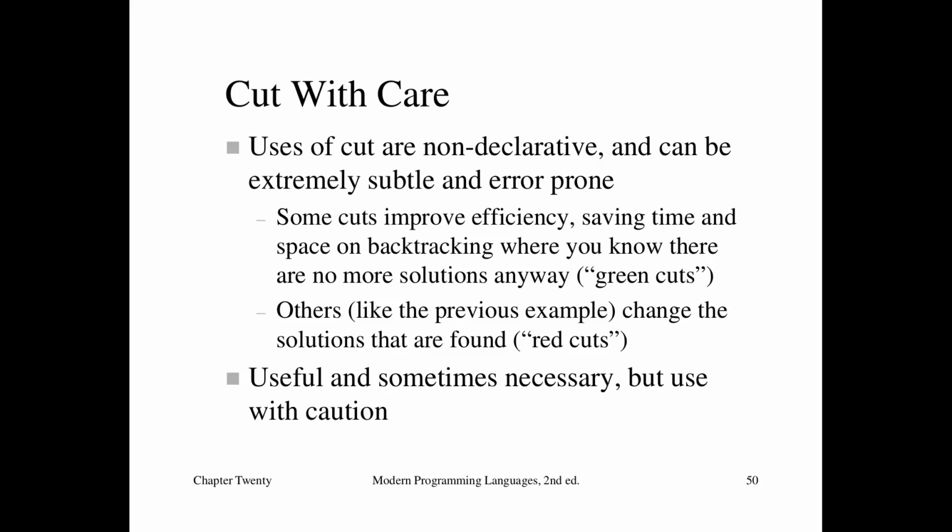So there's no other solution than the only one that you found. That's called the green cut. A red cut is the exact same thing, except it will change the solutions that are found. So it reduces the actual number of potential solutions to just one.